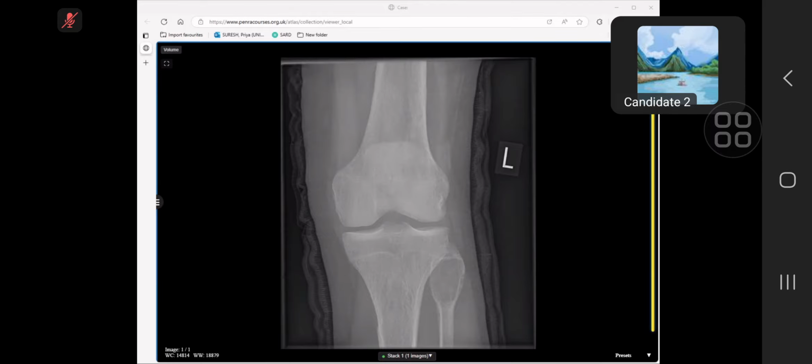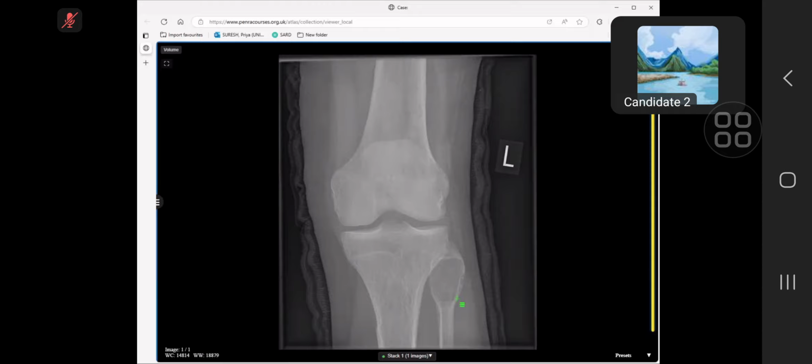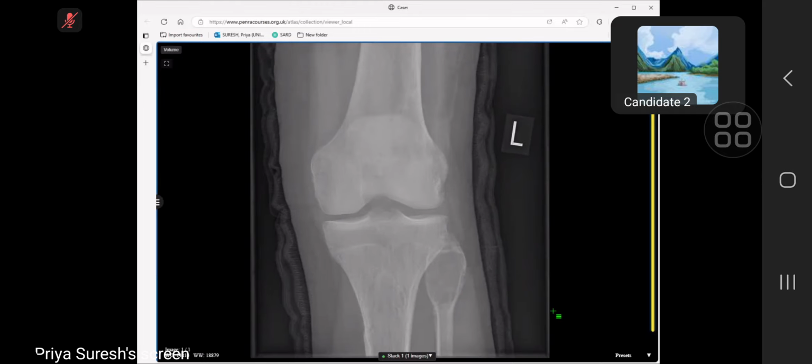The lesion is well defined with a narrow zone of transition, but there is a periosteal reaction adjacent to it, along both its medial and lateral aspects. Along the lateral aspect there is a bone break adjacent to it, which might be projectional, but the periosteal reaction can be secondary to a pathological fracture.